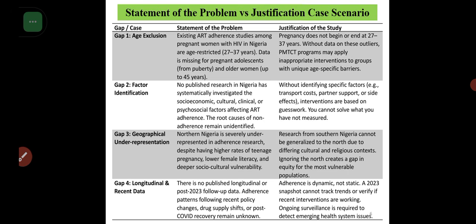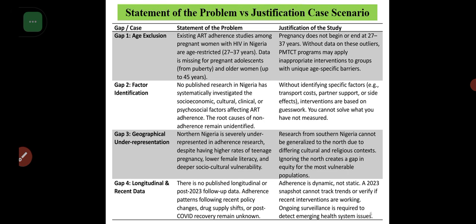The root causes of non-adherence remain unidentified. This is a problem. How would the justification read? Without identifying specific factors, e.g., transportation costs, partner support, or side effects, interventions are based on guesswork. You cannot solve what you have not measured. You are justifying that.